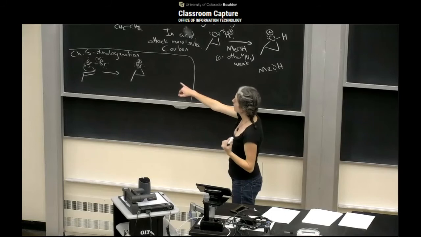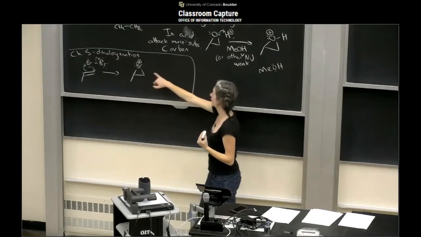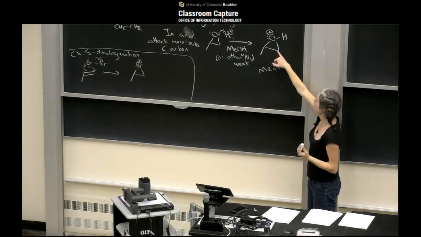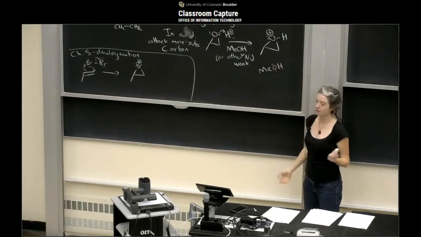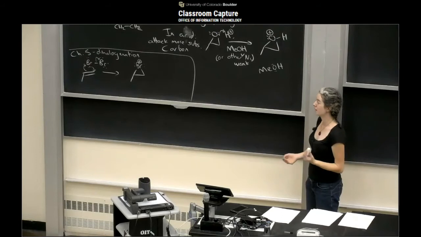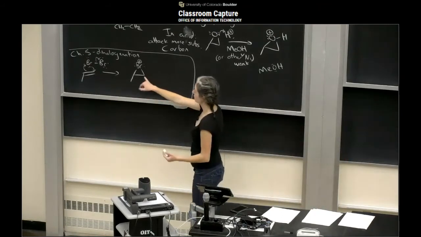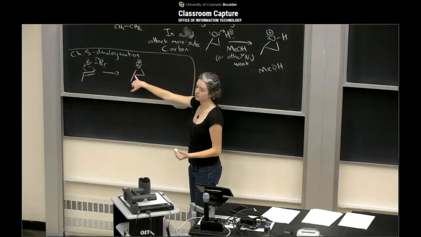Okay, so this, if you look at it, is actually real similar to this protonated epoxide. It's got a three-membered ring. It's got something that has a positive charge because it would like to have one more lone pair than it currently has. And so when we did this in Chapter 5, we attacked the more substituted carbon.